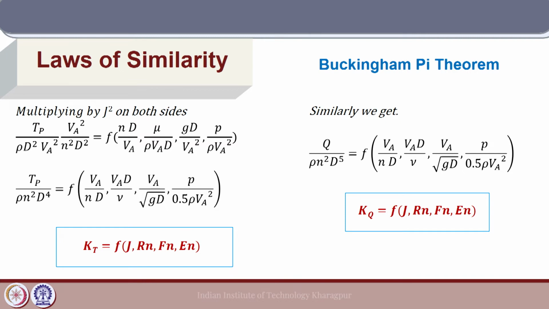So, we can relate the propeller thrust and torque coefficients to the dimensionless numbers, the advance coefficient, Reynolds number, Froude number and Euler number. Now, we will see gradually which one we will take as important in the context of analysis for propeller performance.